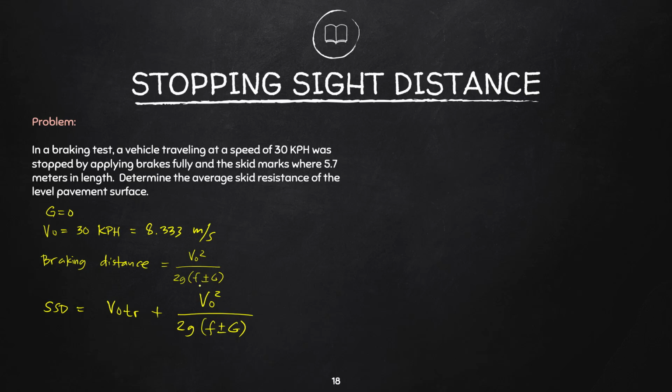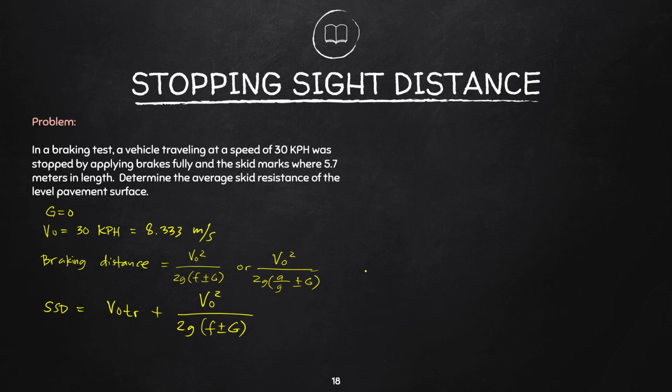But if you're using the Ashton method, your f here should be equal to a over g, or V₀ squared over 2g times deceleration over gravitational acceleration. We have g here.